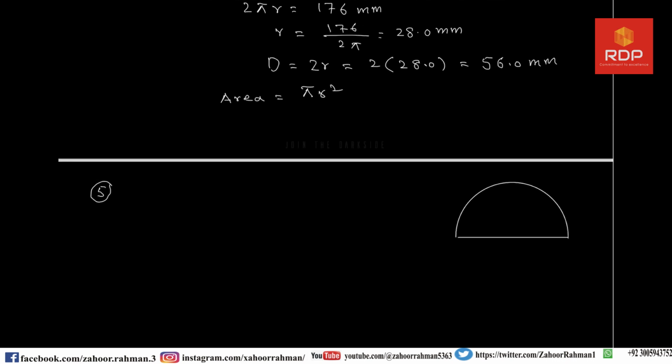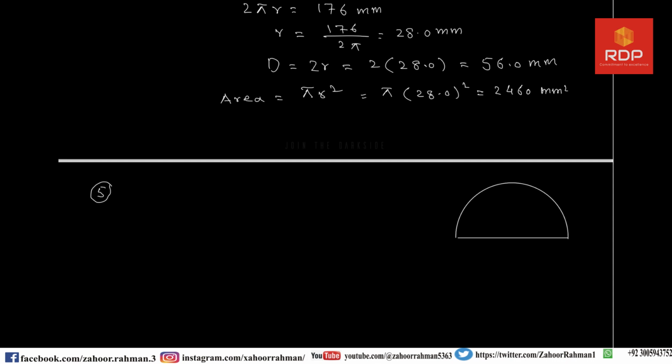So in this case we have pi, and we found r to be 28.0 whole square, and when we calculate it we will get 2460 millimeter square.